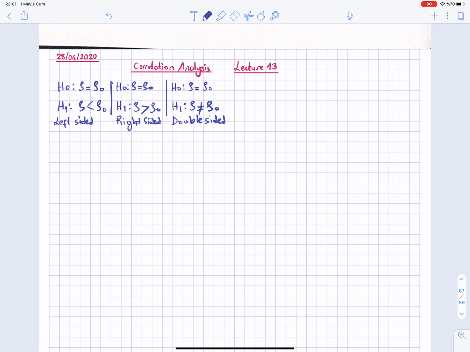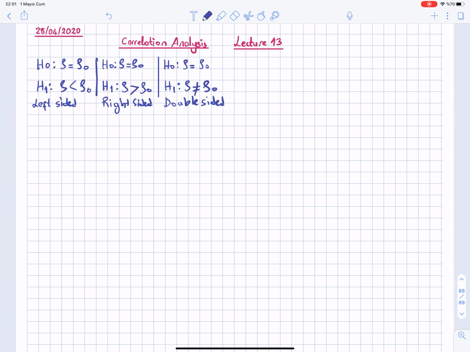To test such hypotheses, we use the following statistic.